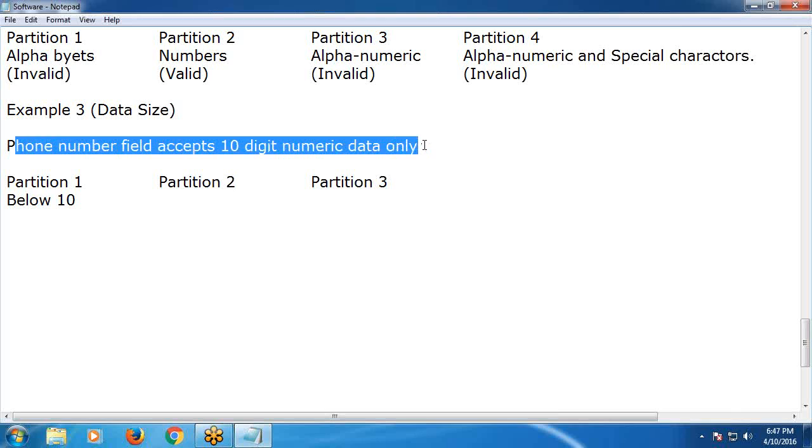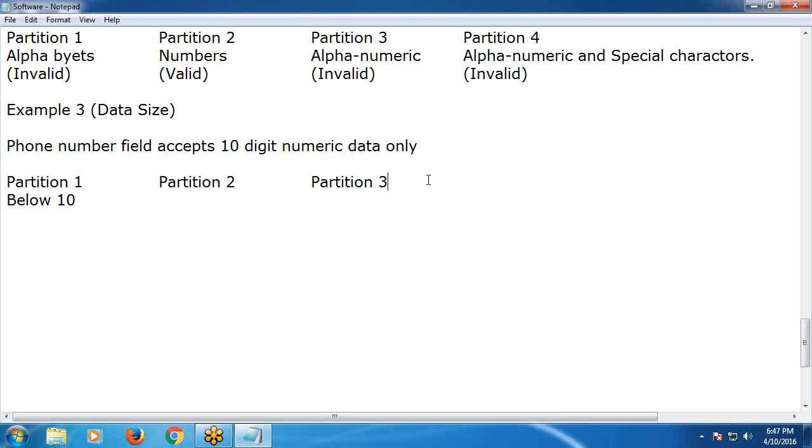What are the two data factors, Rahman? It must be numeric and also 10 digits. One is size, another is type. Numeric is the type of data.